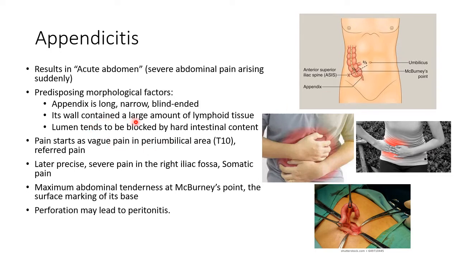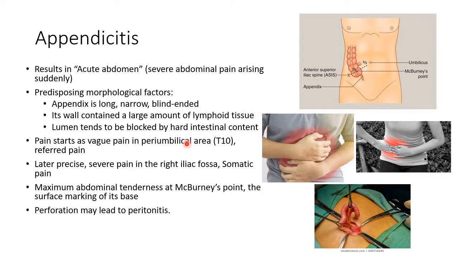The wall also contains a lot of lymphoid tissue. You will do the histology of the appendix when you do the alimentary system course. So there is a lot of immune reaction happening, which can lead to infection and inflammation. So there are predisposing factors that make appendicitis commonly occur.